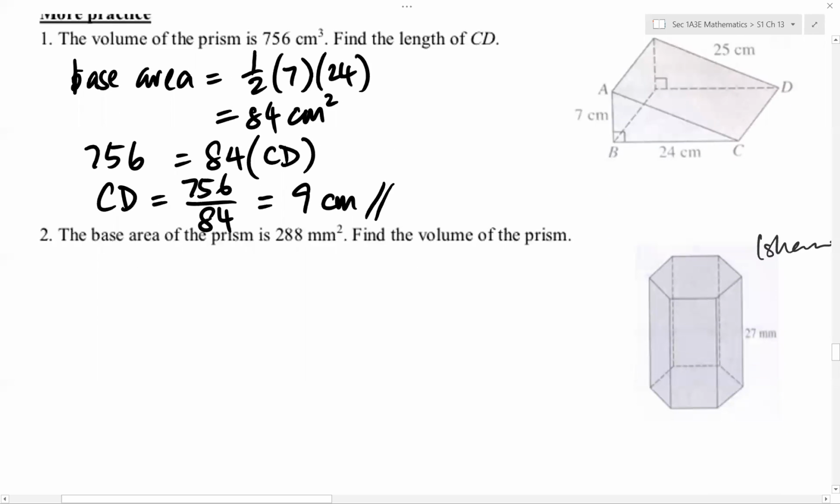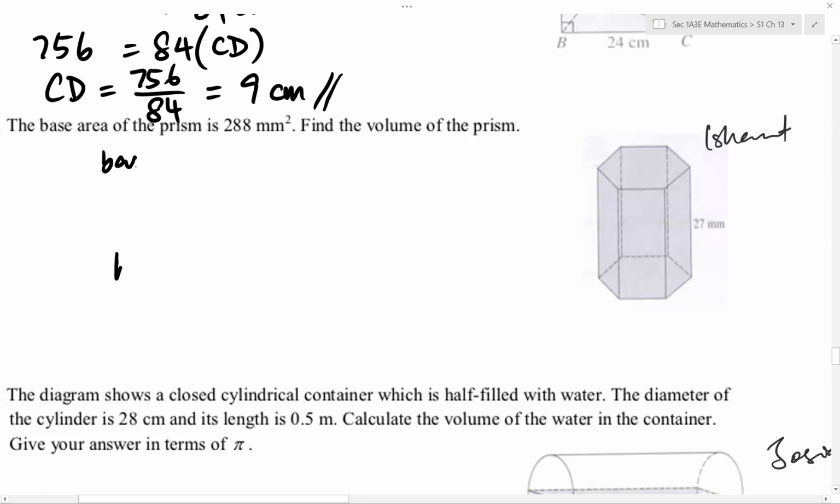Ishan, next. Base area 288. Okay, then. Height 27 mm. Wow, you got an easy question, huh? Volume?